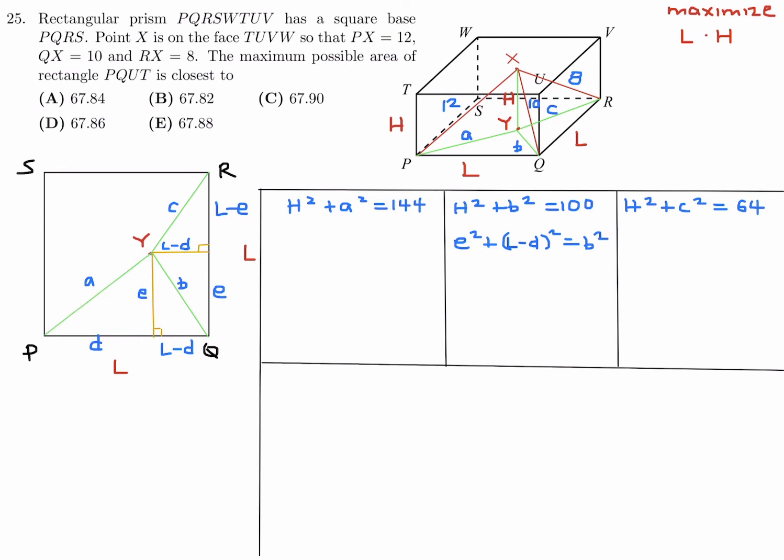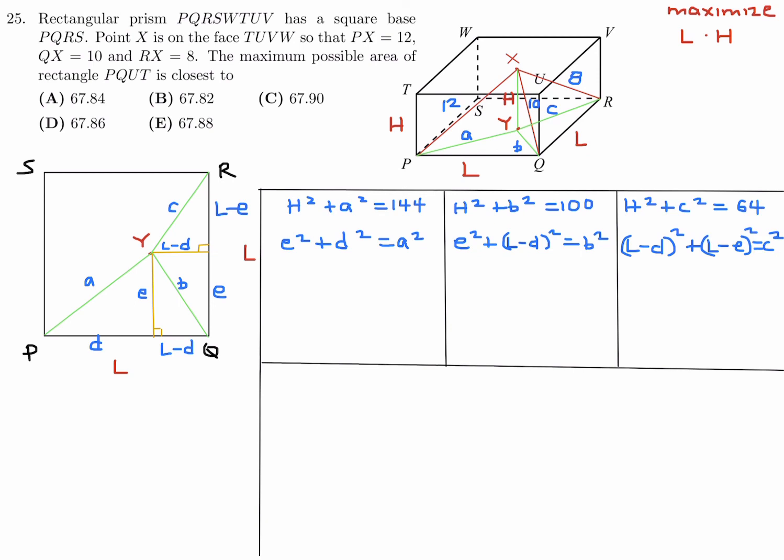That would give me E squared plus D squared is equal to A squared. And then to put here, I'm going to use something with C, obviously, and that's this guy right here. So that would be L minus D squared plus L minus E squared is equal to C squared.